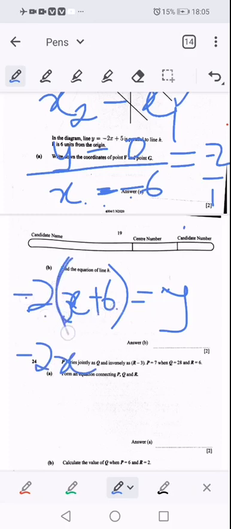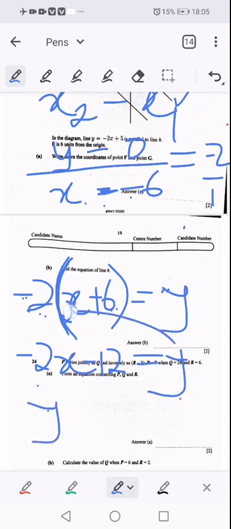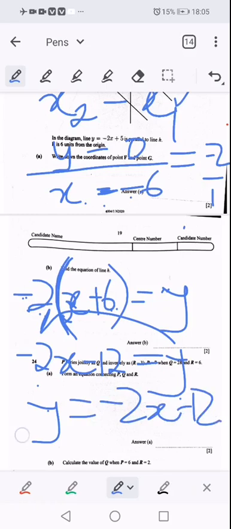Because this bracket means multiplication, so -2 times 6 is -12, equal to y. Okay, very simple. So y equals -2x minus 12, and this is the equation.